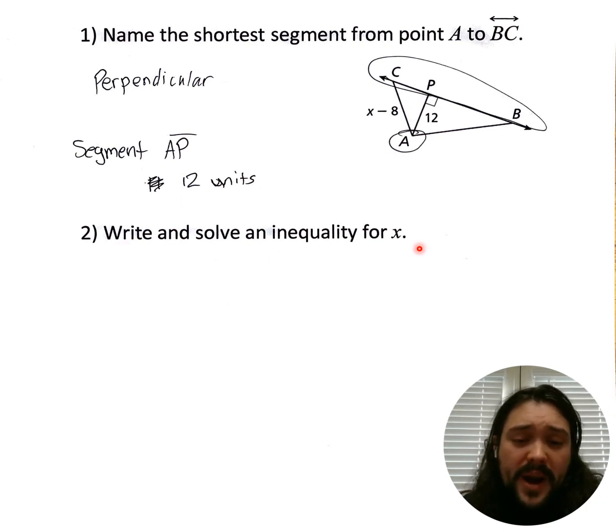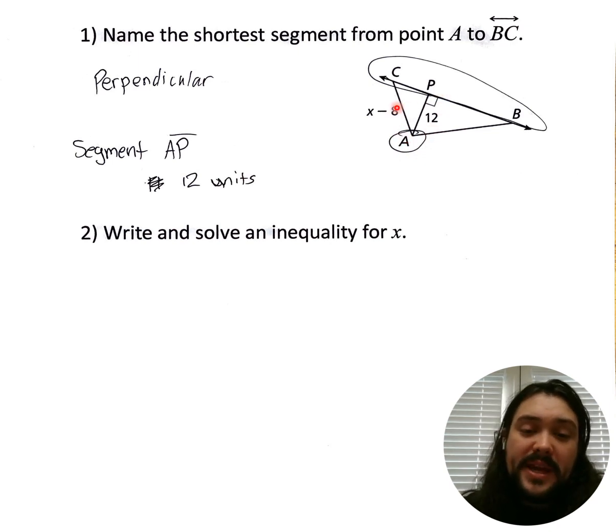Then it asks us to write and solve an inequality for x. How we're able to do that is that we know that this length is the shortest. 12 is the absolute shortest that we can be from A to this BC line. So since x is part of this AC line, we know that AC has to be bigger than 12.